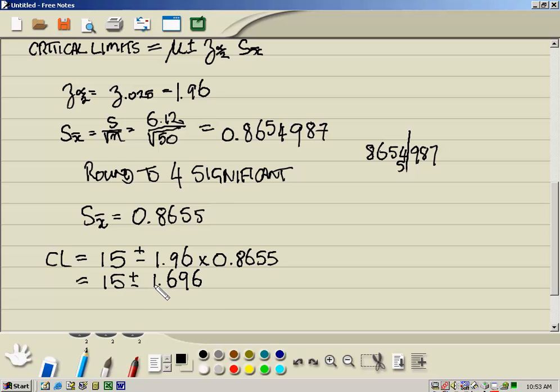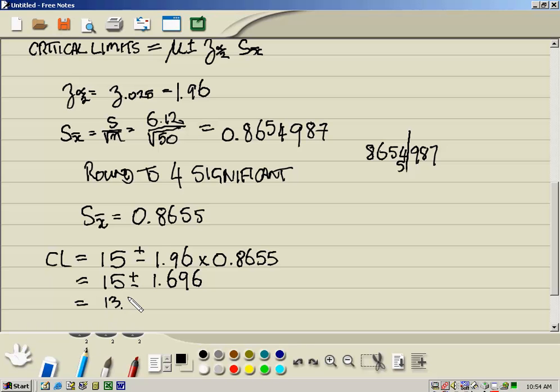Forget the decimal place. That's 1, 2, 3, 4. The fifth number was a 3. It's below 5, so it stays as a 6. Alright, so now 15 minus 1.696 has too many places, so we'll round that off.